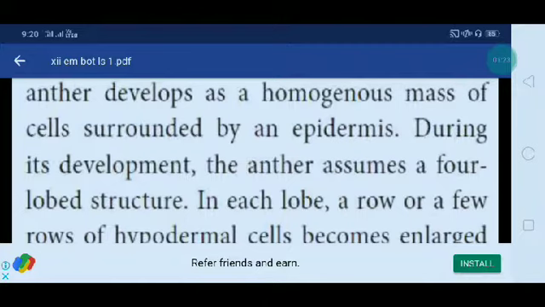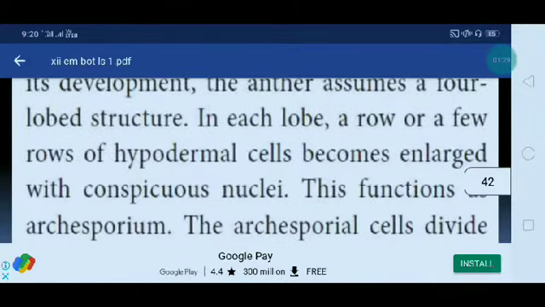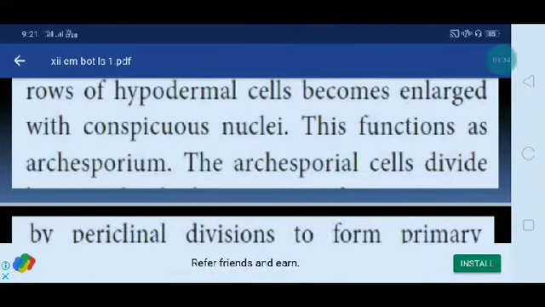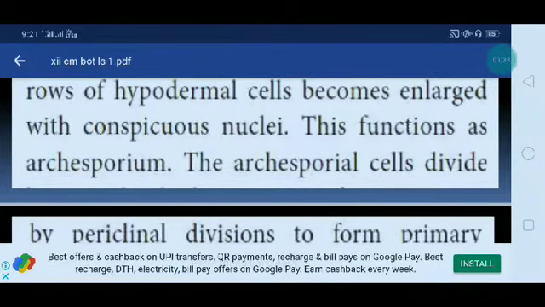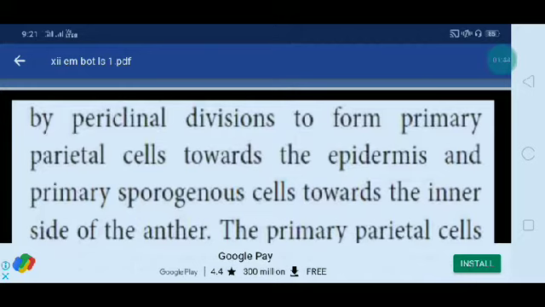In each lobe, one or a few rows of hypodermal cells become enlarged with a conspicuous nucleus. This functions as archesporium. These archesporial cells divide by periclinal divisions to form primary parietal cells towards the epidermis and primary sporogenous cells towards the inner side of the anther wall.